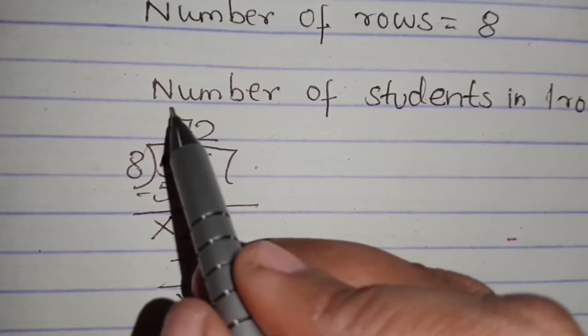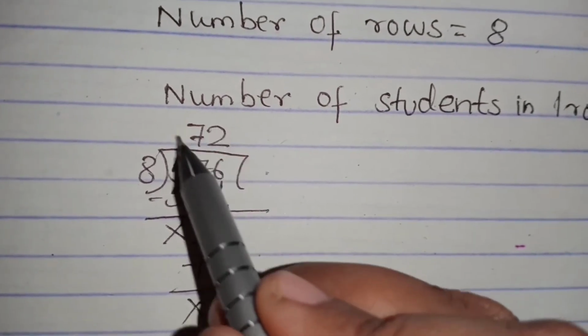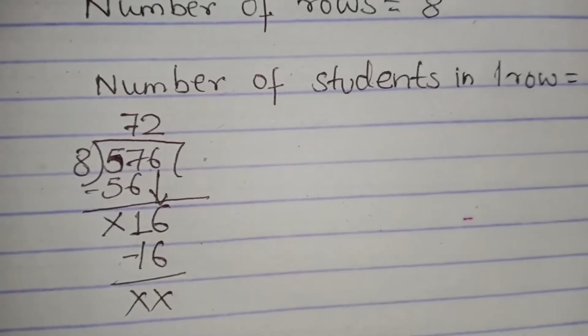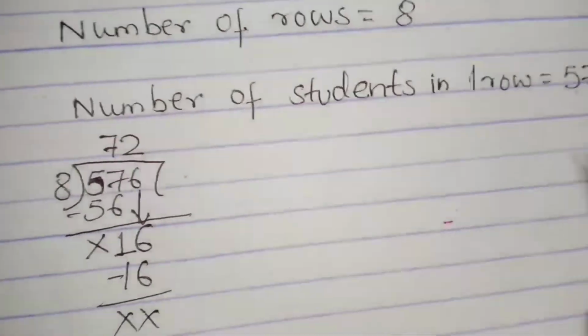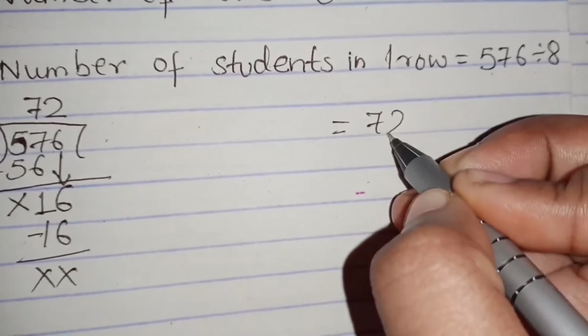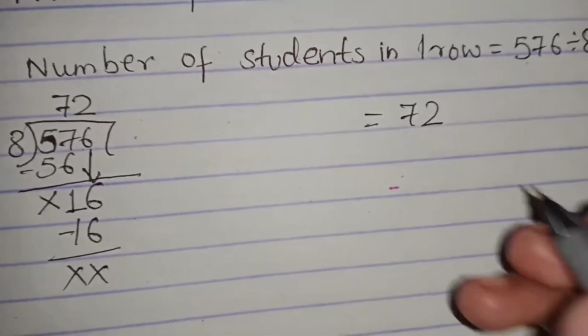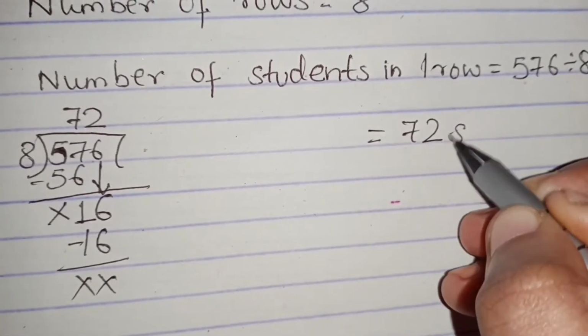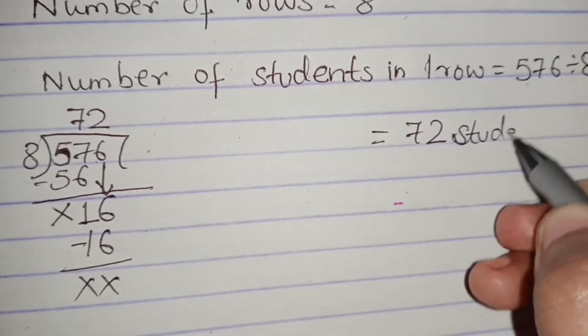So what we have got, the quotient is 72, and this is the answer. Number of students in one row will be how much? 72. So we will write here 72. So how many students will be there? 72 students.